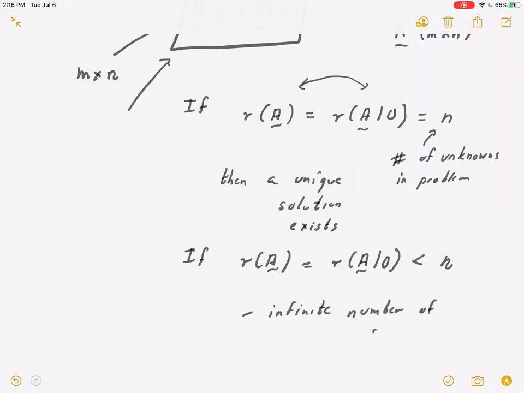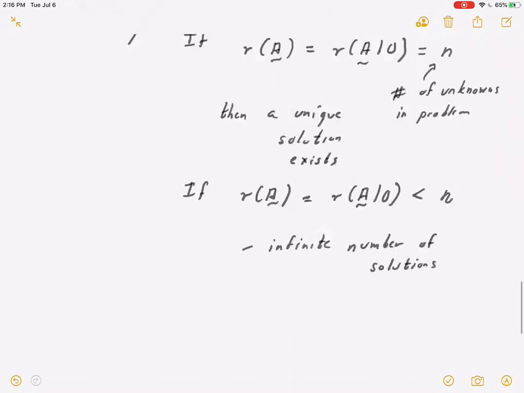So case 4 is far more general or complicated than the previous two cases. And finally, the third and fourth criteria is if you found that the rank of the coefficient matrix was in fact less than the rank of the augmented matrix, then no solution would exist.